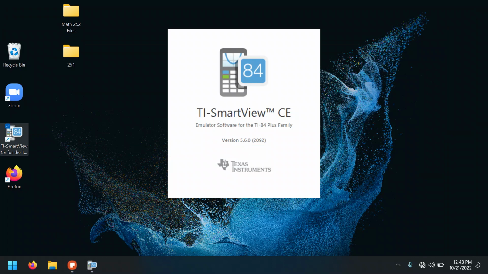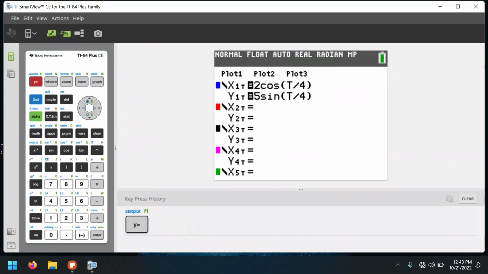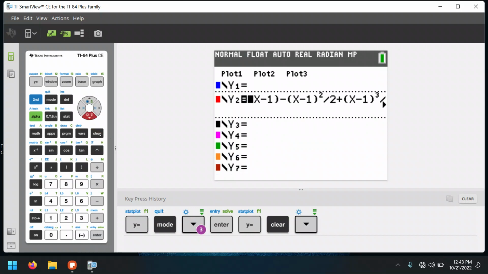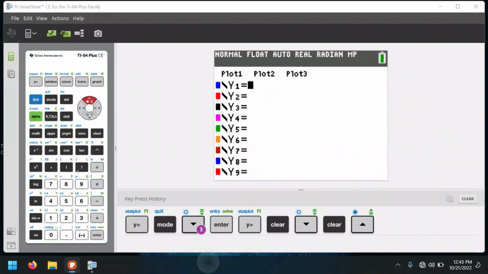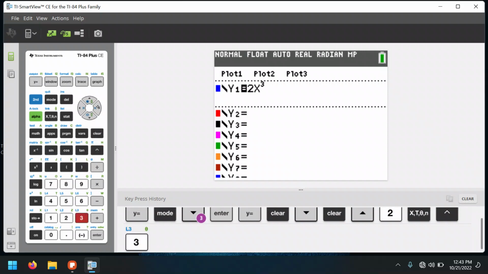So I believe I typed the function already. No, I don't think so. Yeah, it's still in parametric. I don't know why. So what was that? 2x cubed, so 2x to the 3rd minus x to the 4th power.